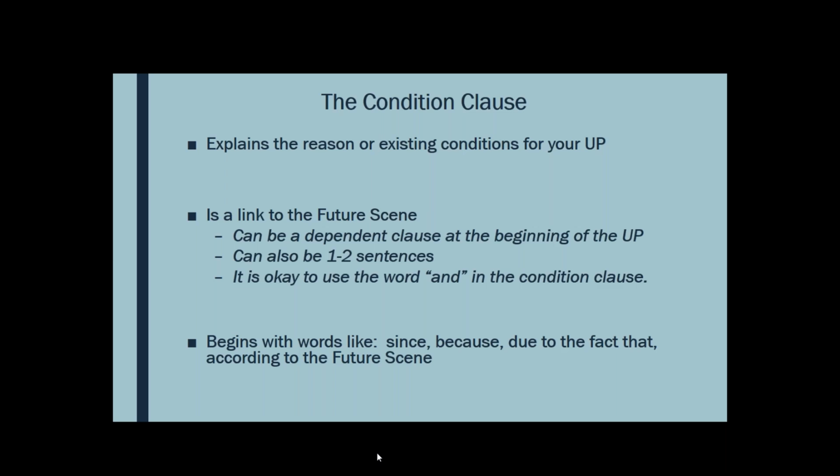It's okay to use the word and in the condition clause, whether that is a dependent clause, whether it is a complete sentence. You can use and in these. You'll know why I'm stressing this in a little bit. This condition clause usually begins with words like since, because, due to the fact that, or according to the future scene, shows that what follows that is going to be the link.